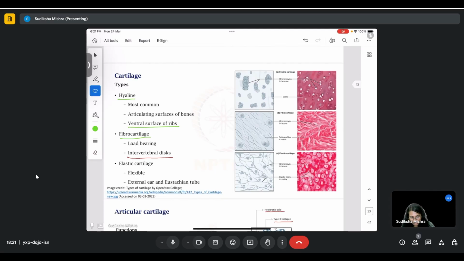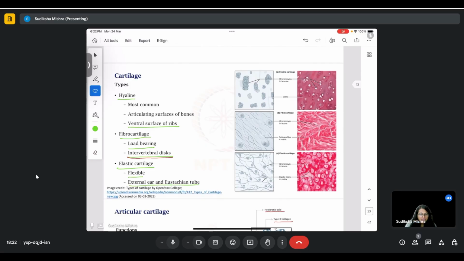It acts as a load bearing component, and therefore it is present in intervertebral discs. The third type is elastic cartilage, which is flexible and is usually present in the external ear and eustachian tube.